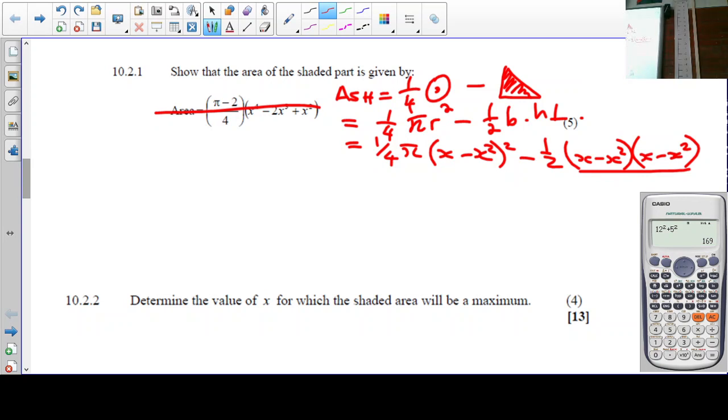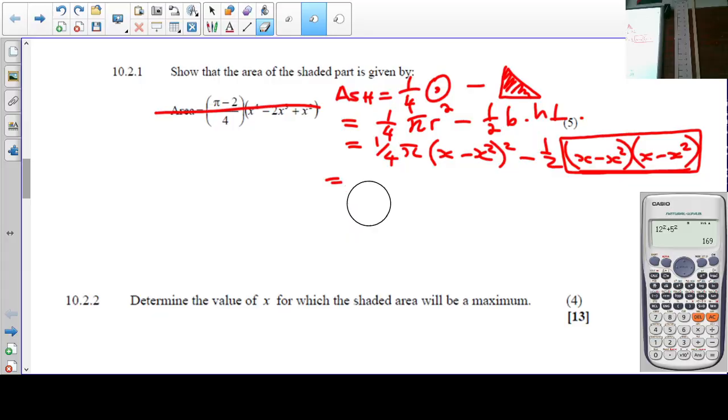It's the same. Okay? So I can say the area of the shaded region is a quarter. So what I'm going to do is take x minus x squared all squared as a common factor. You all okay with that? If I take that out as a common factor, what am I left with?